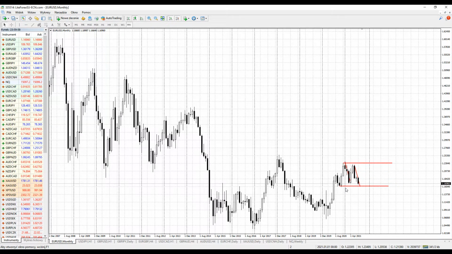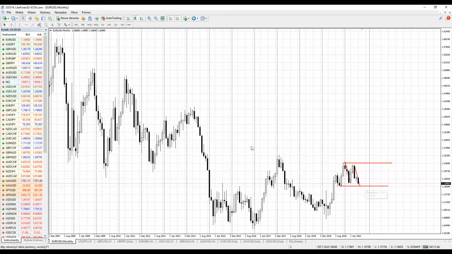It's an almost ideal 1-to-1. If you are a long-term trader, you are going to look for what happens when we revisit these levels, the 116.50 and the 116 psychological level.